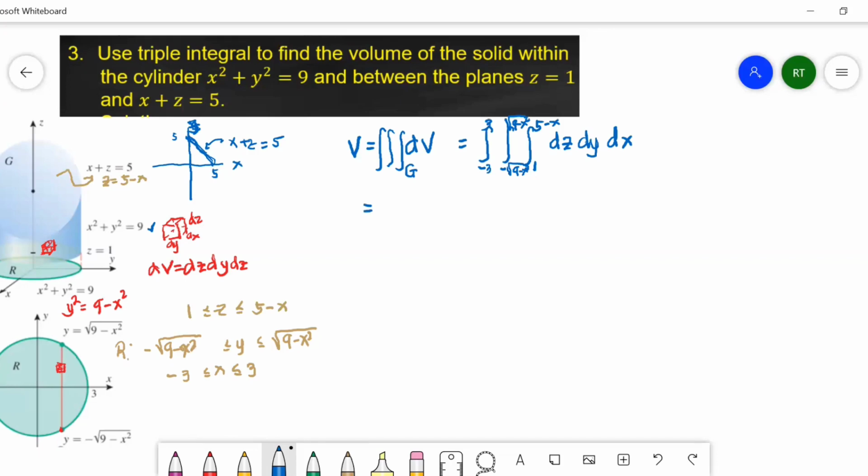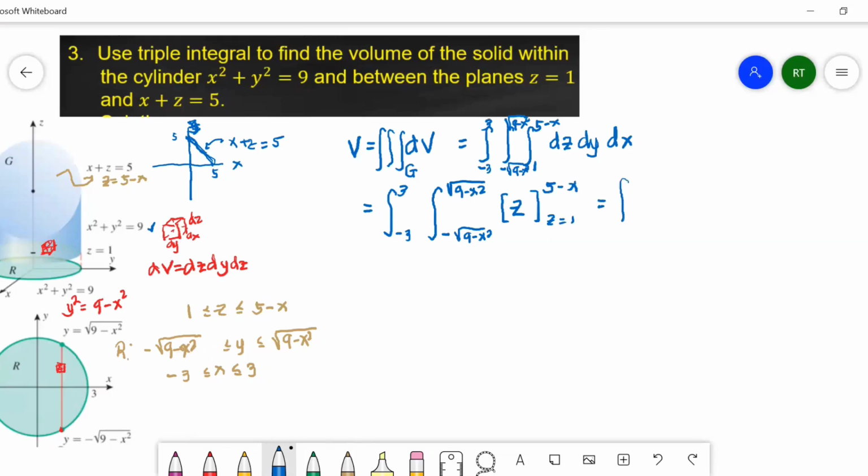Hence we have the integral from minus 3 to 3, then negative square root of 9 minus x squared to positive square root of 9 minus x squared. The integral of the differential of z, which is the innermost integral, is z, and we have to evaluate z from 1 to 5 minus x.